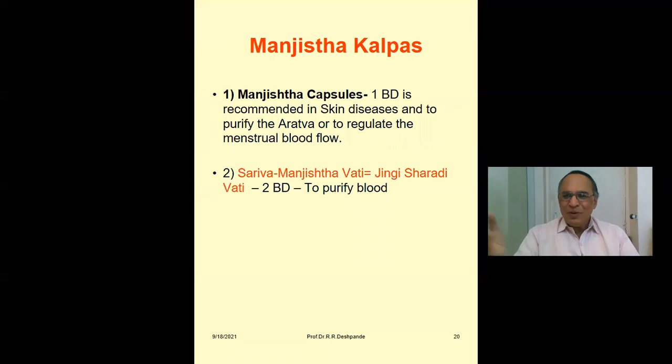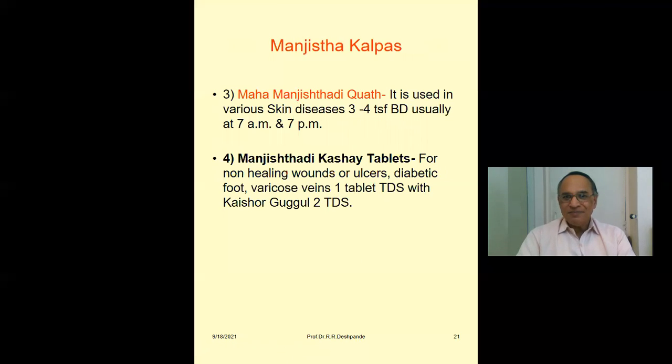Now the Manjistha products, kalpas. Manjistha capsule is available, one in the morning and one in the evening, recommended for skin diseases, to purify the Artava and to regulate menstrual blood flow. Then this is Sariva Manjistha Vati, Jingi Sharadi Vati: 2 tablets morning and 2 in the evening to purify blood, even for dysmenorrhea.